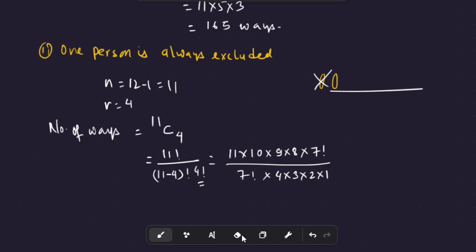Now we're going to cancel it. 7 factorial can be cancelled. 4 times 2 is 8. 4 cancels 8 and the quotient becomes 2. 3 cancels 9 and the quotient becomes 3. 2 cancels this 2. Now the remaining values will be 11 times 10 times 3.